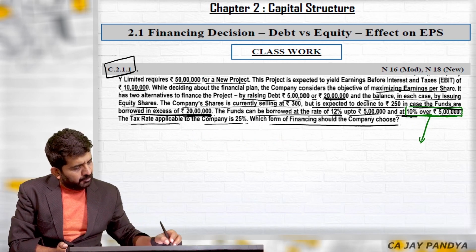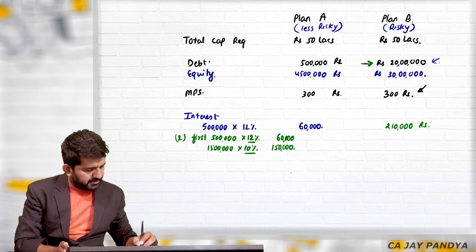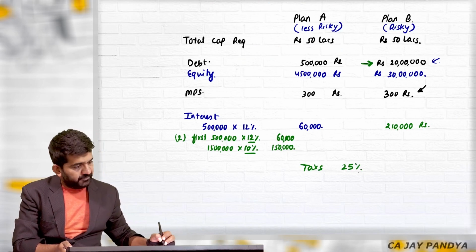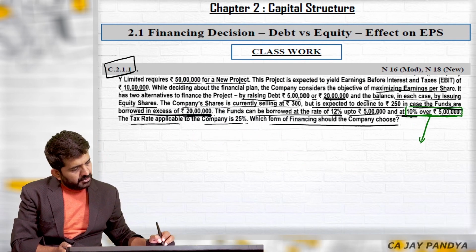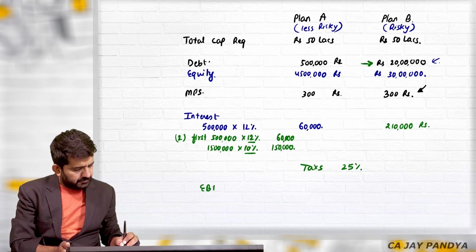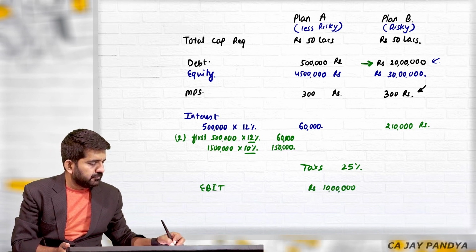The fund can be borrowed at 12%, 5%. This we have done. The applicable tax rate is 25%. So taxes are 25%. What is EBIT? EBIT is 10 lakhs rupees. I can prepare the profitability statement of this company.